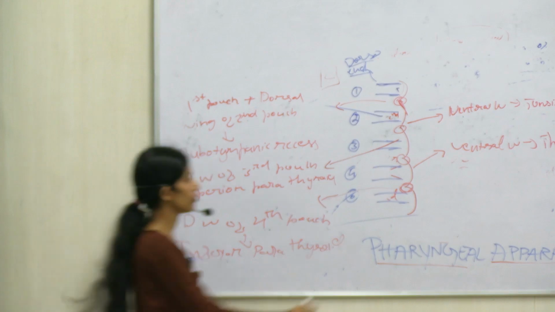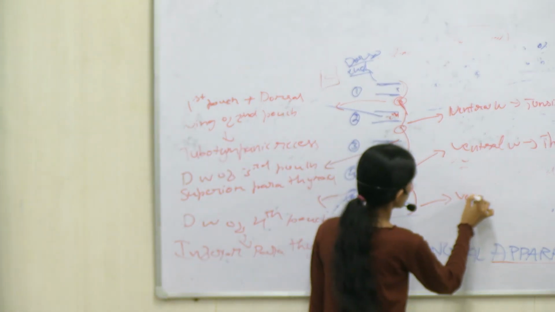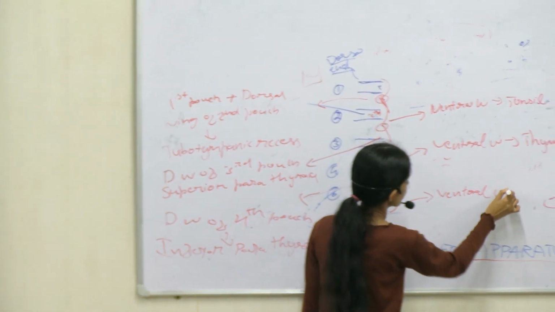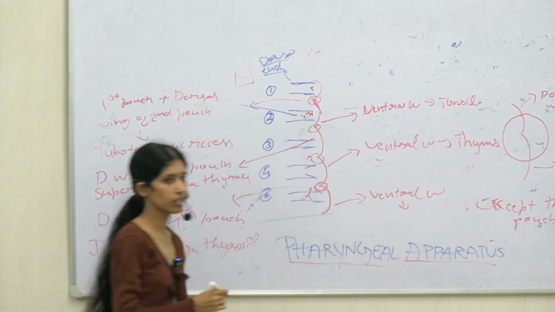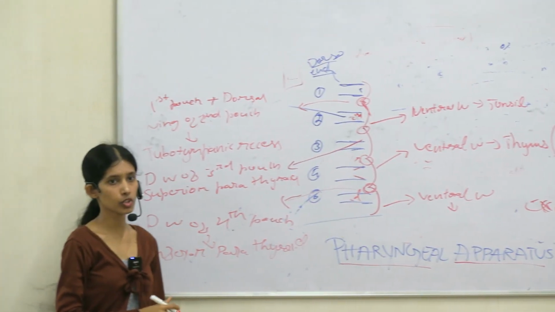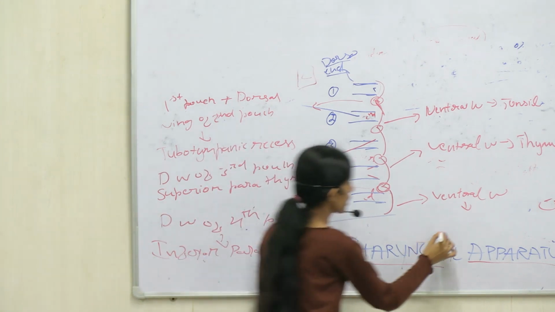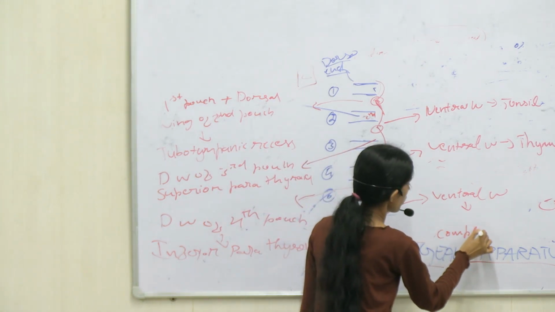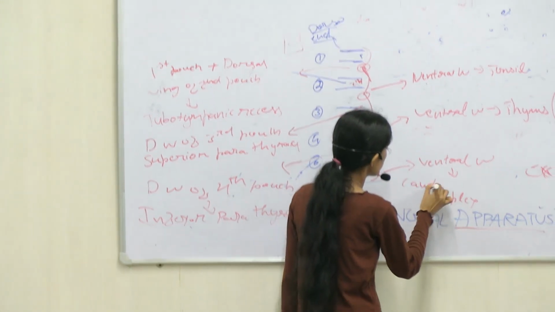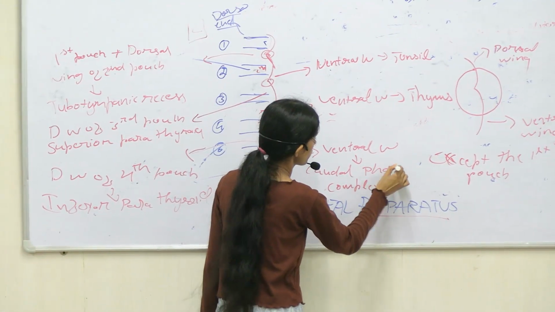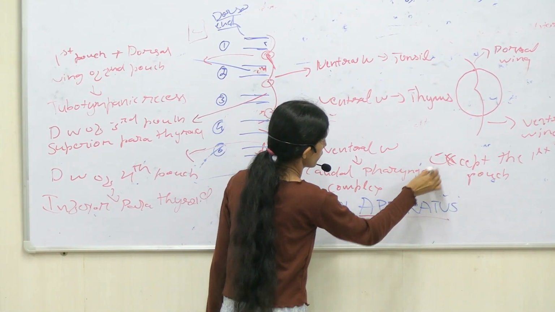And the ventral wing of the last, that is the fourth pouch, give rise to a complex that is called caudal pharyngeal complex.